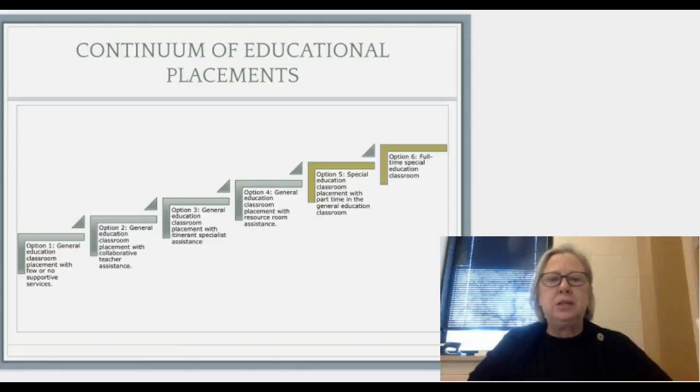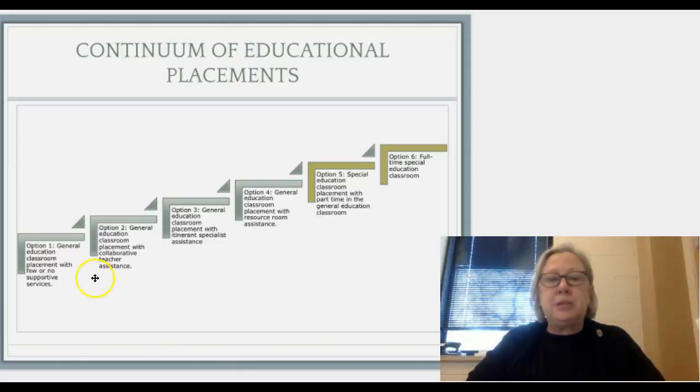So as we take a look at this continuum, and if we start over here on the general ed option 1, it says general education classroom placements with few or no support services. If you take a look at that, then you understand that that student really is getting regular education. There's no special education involved at all. That's the least restricted environment any student could be in, correct?